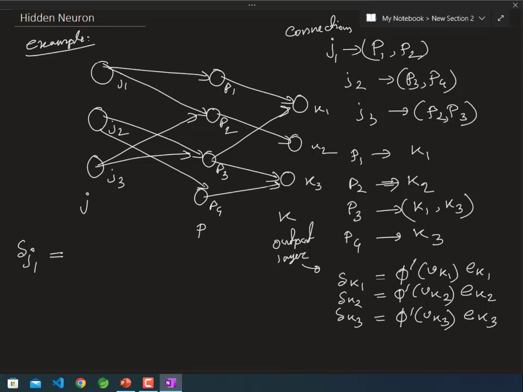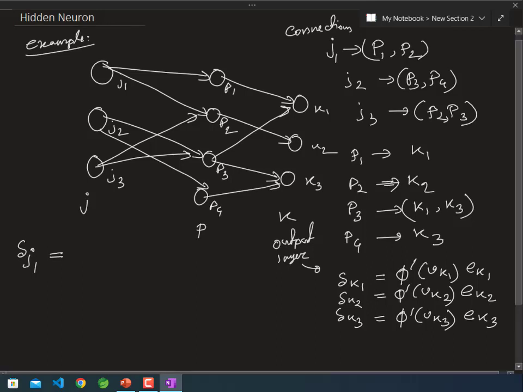These connections show how the recursive computation happens, where the hidden layer neuron's local induced error is computed. P1 is connected with the output neuron k1, p2 is connected with the output neuron k2, p3 is connected with 2 neurons k1 and k3, and p4 is connected with k3 only.